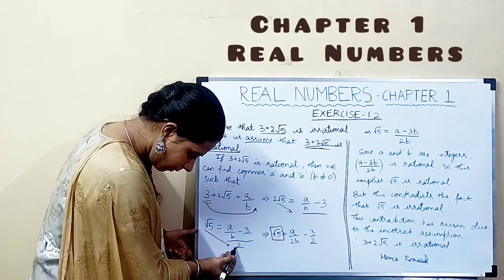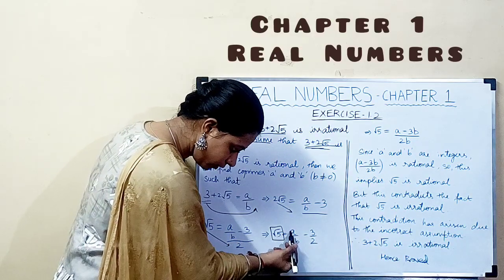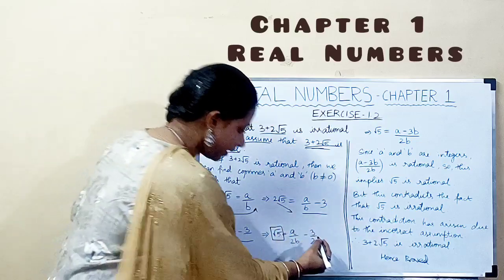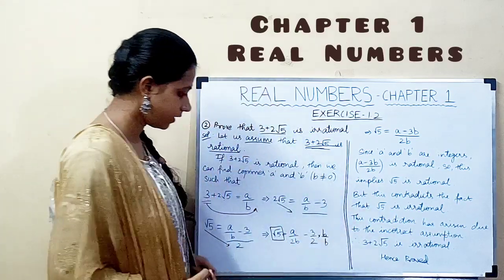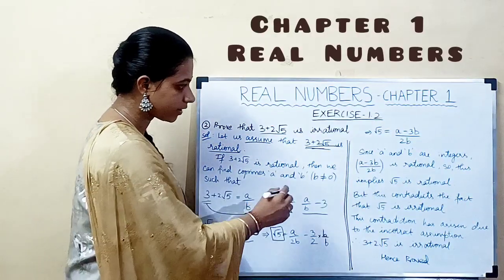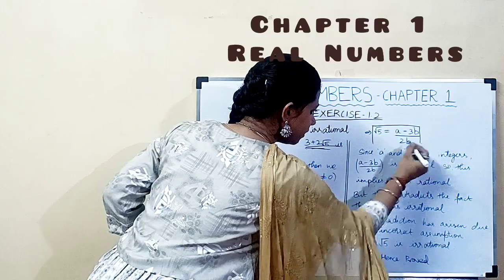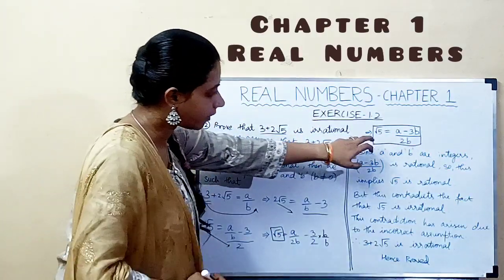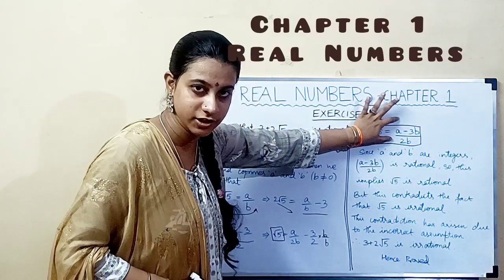Now this 2 is a common denominator for both these terms. So we can write root 5 is equal to a by 2b minus 3 by 2. Now on taking LCM, we get root 5 is equal to a minus 3b by 2b. So here you see root 5 is represented as a ratio of integers.